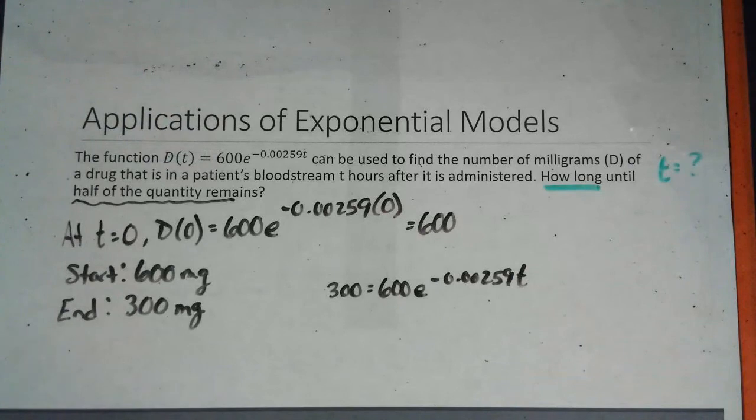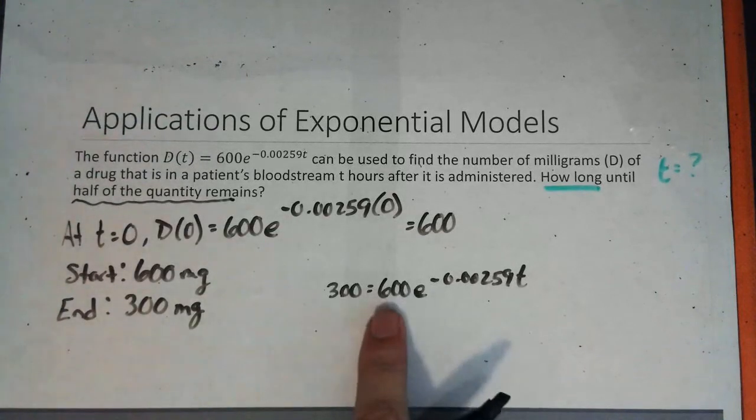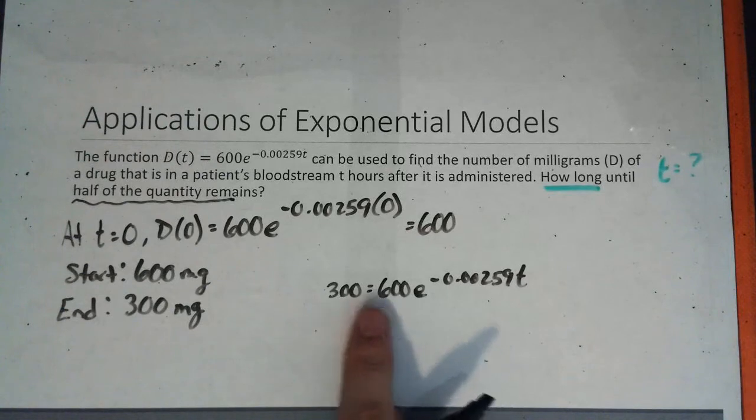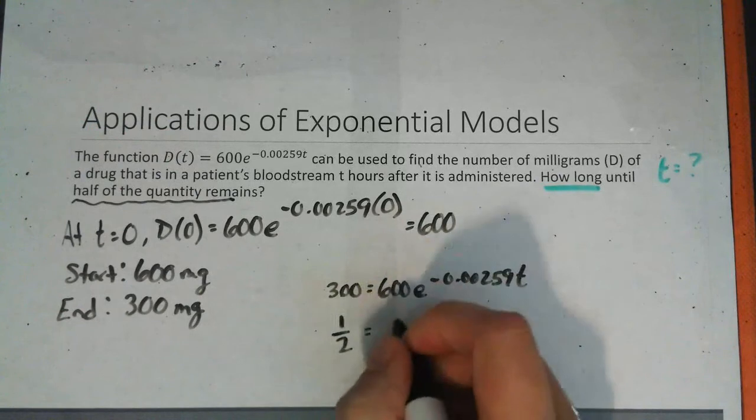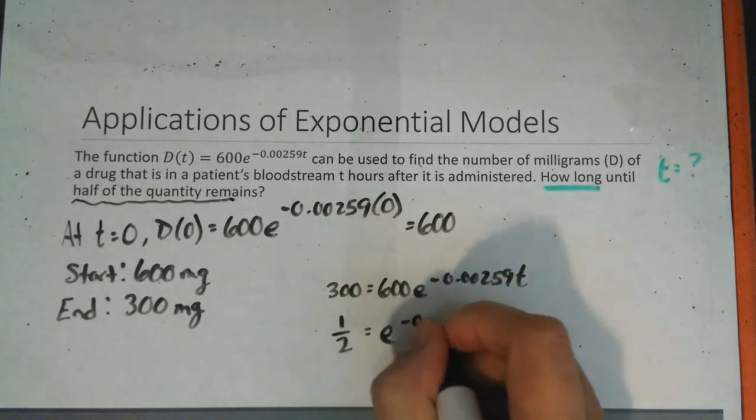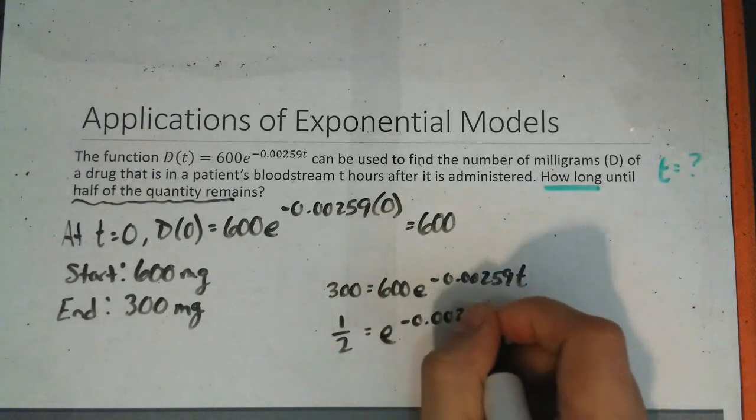And now it looks like the last problem. I have just one exponent, so I need to get that exponential by itself. So I want to divide by the coefficient, 600. If I divide both sides by 600, I'm going to have 300 over 600, which is just 1/2, is equal to e to the negative 0.00259 t power.